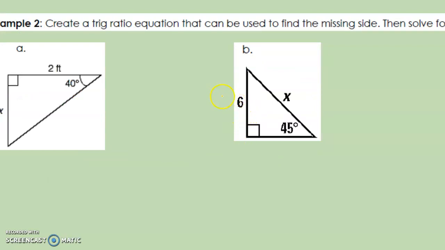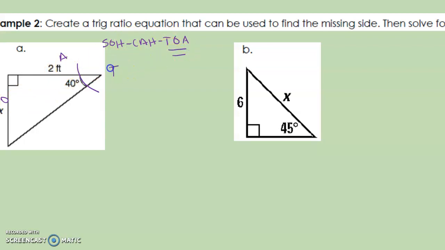Okay, let's set up a trig ratio for each of these. This is my angle of interest. Remember, I said it could be one of the ones that you've been given. Doesn't always have to be question mark or X or theta. So I'm going to label based off this angle of interest, and I'm only going to label what I have, because that's all I need to use. I've got my adjacent and my opposite. So when I look at SOHCAHTOA, and I've got an O and an A, the only one that has O and A in it is tangent.